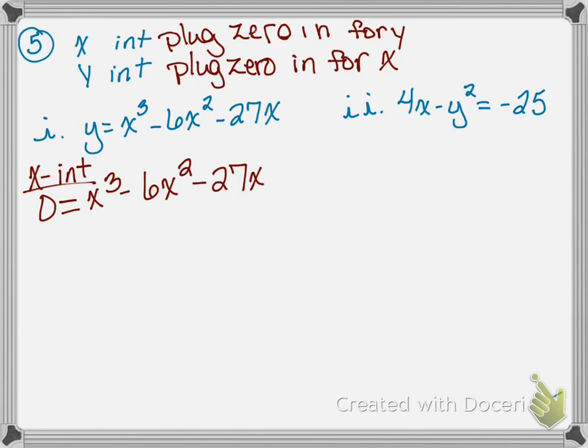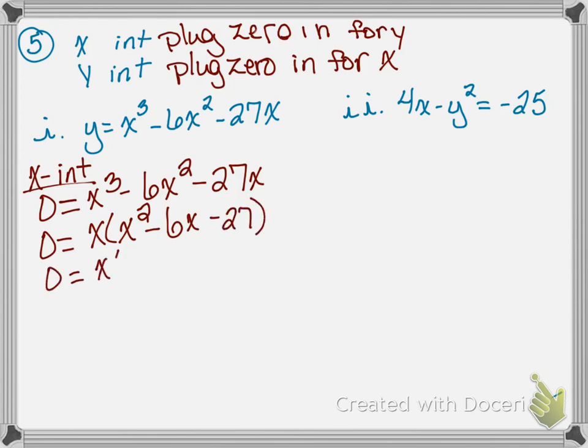Okay, so first thing I'm going to do is I'm going to factor it. I'm able to see that there is an x in each of the terms. So I'm going to factor out an x first. So I'm going to have x times x squared minus 6x minus 27. Okay. Now, my next step is to look at my product and look at my sum. So my product is negative 27 and my sum is negative 6.